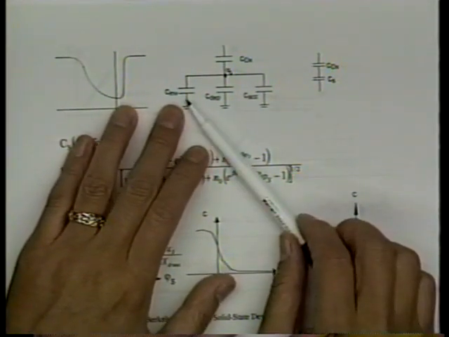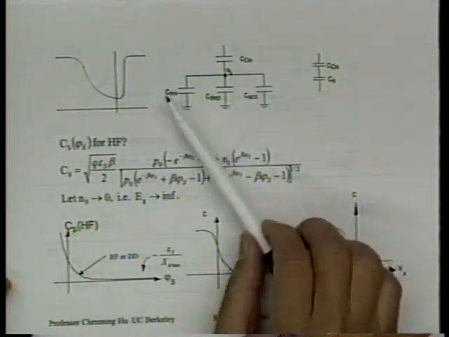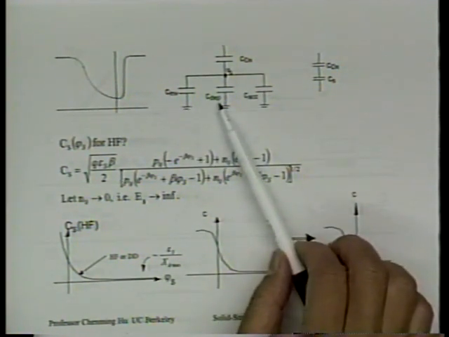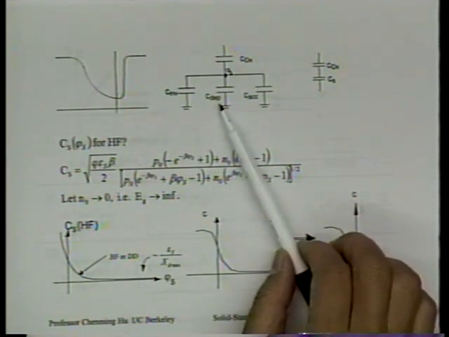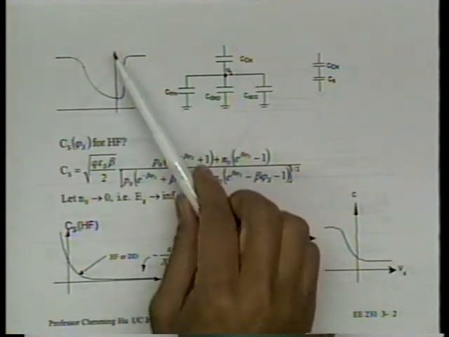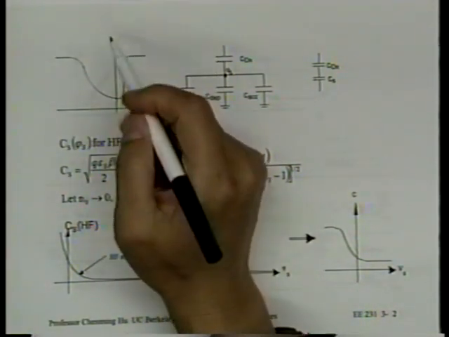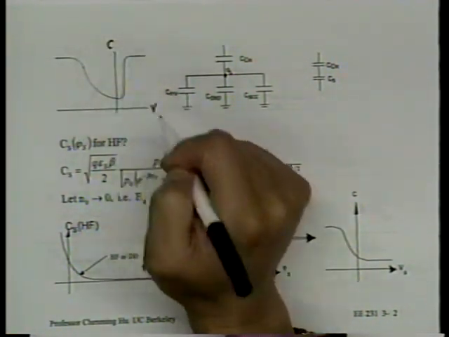If one is significant, the other is insignificant. But we often have to carry two, that is depletion capacitance plus the inversion capacitance, or depletion capacitance plus the accumulation capacitance. Okay? All right. This capacitance CV curve, would you call this a high-frequency CV curve or a low-frequency CV curve?